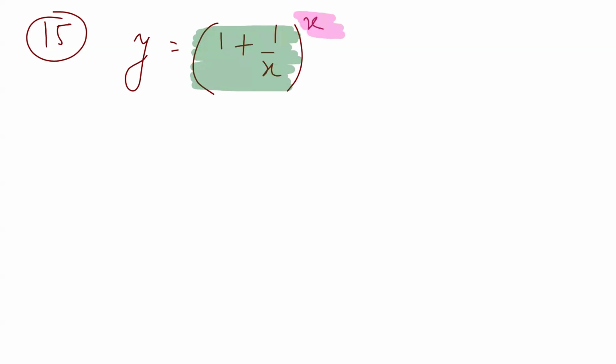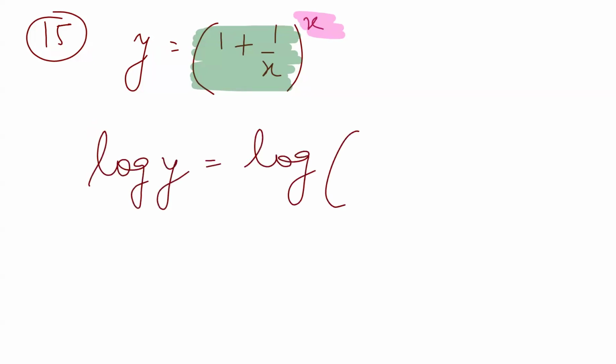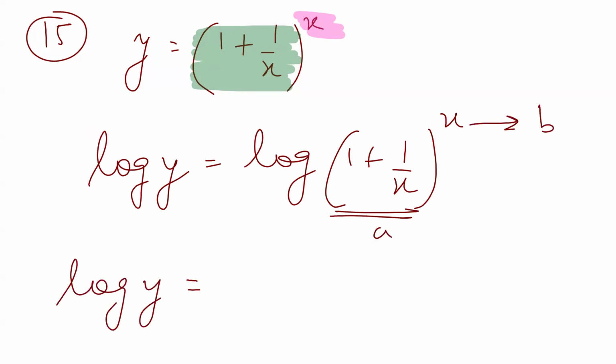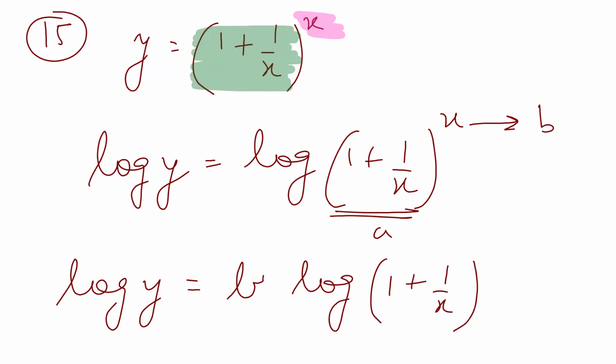So taking log on both the sides, now this is a and this is b. B comes ahead. So log y is equal to b log of 1 plus 1 upon x. So b is x.